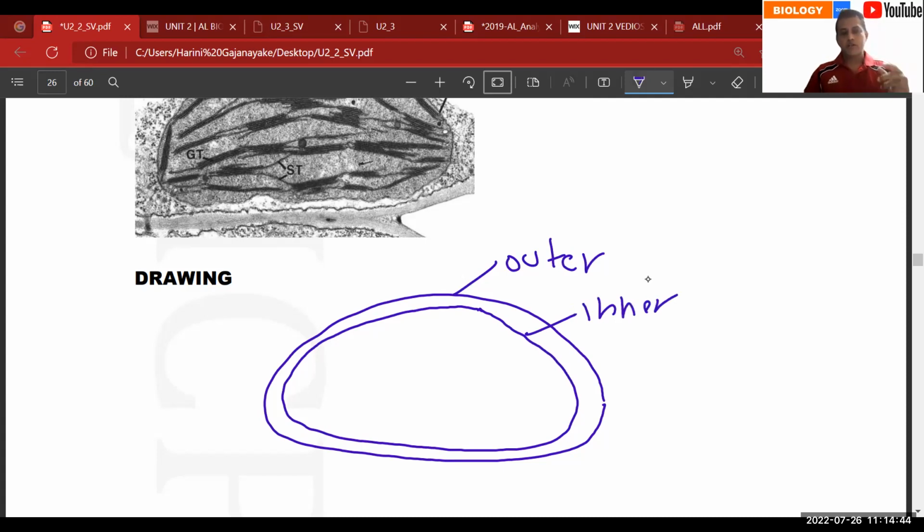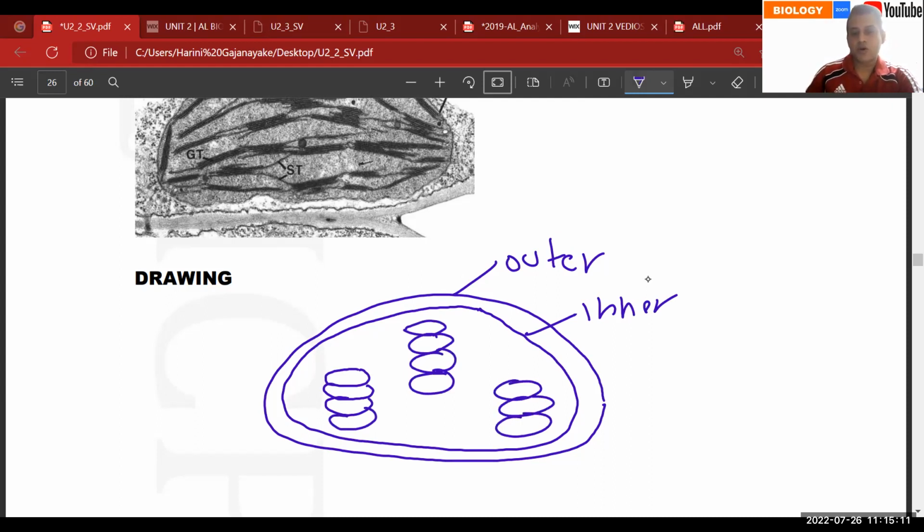Now, in mitochondria, you have seen cristae, the foldings. Similar things we can find here, but not exactly how it folds this inner membrane; there are slightly separate discs formed, like this. Many discs increase the surface area inside.